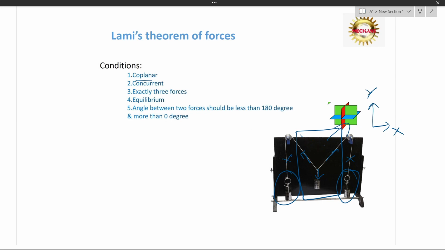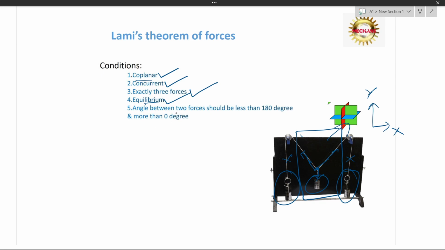So all the forces act in the same plane, so it comes under coplanar. And concurrent means all the forces should act on the same point. Here the three forces act on the same point, so it's concurrent. Exactly three forces, that is also satisfied here. Then equilibrium: consider this object is stationary, so equilibrium is also satisfied.